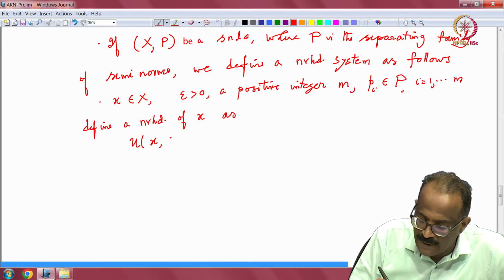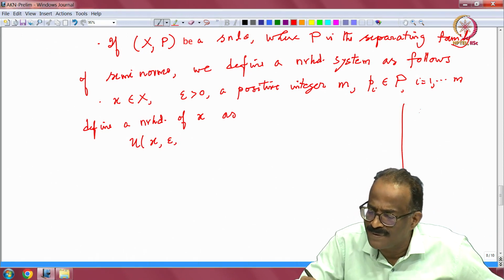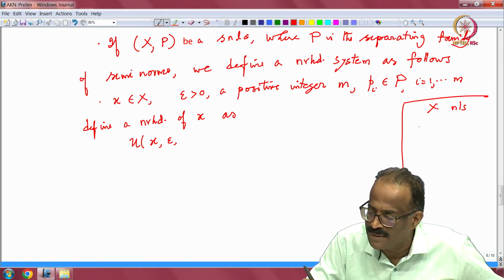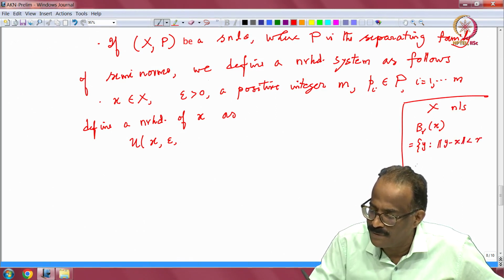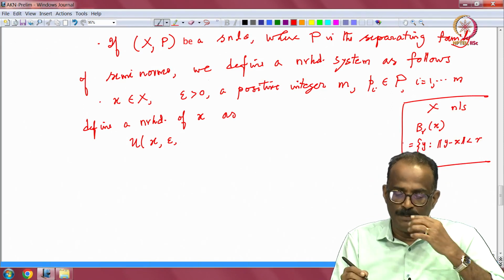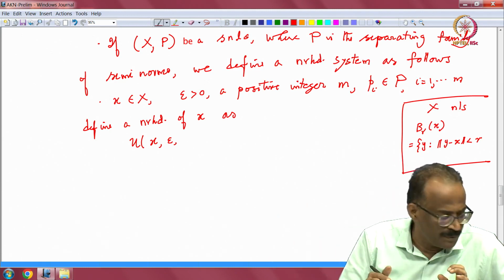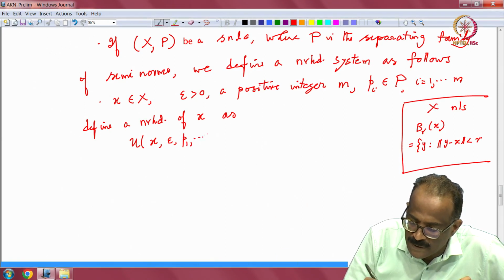How do you define a neighborhood if X is a normed linear space? A neighborhood is something like B_r(x), the set of all y such that norm of y minus x is less than r. So, you get a neighborhood of x, and you take all those neighborhoods, which generate the topology. That is what you do here also. So, it depends on P_1 etcetera P_m.